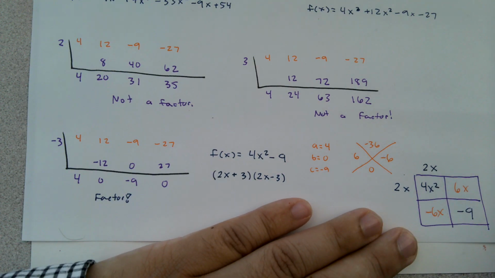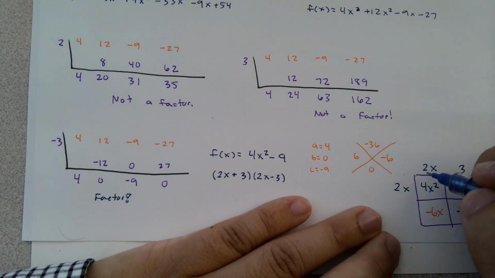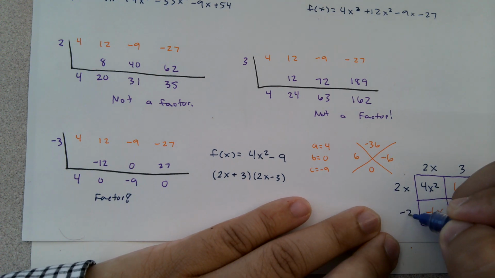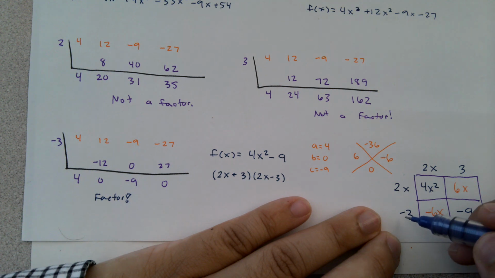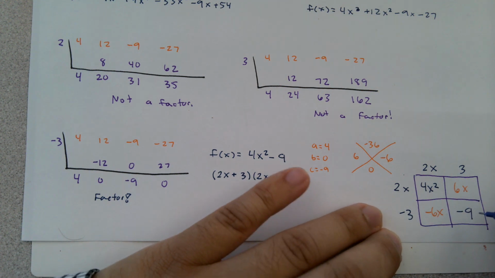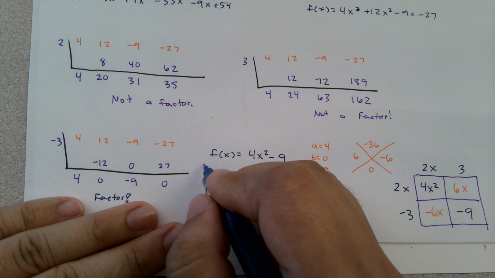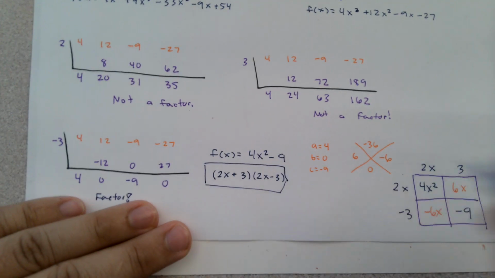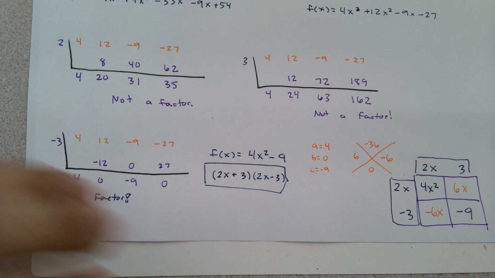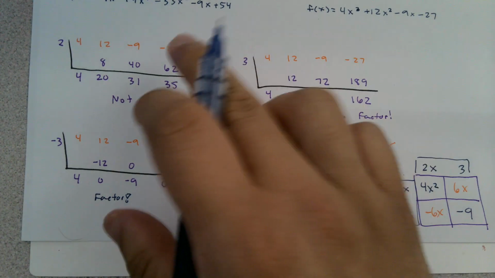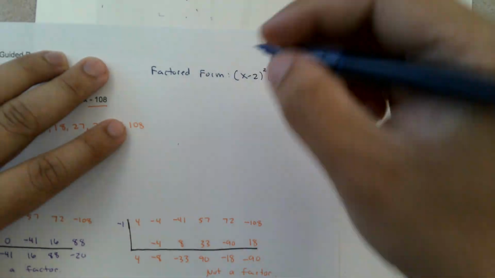Well, that's 2x. 2x times 3 will give me 6x. And 2x times negative 3 will give me negative 6x. Final check, negative 3 times 3 is in fact negative 9. It's the same answers that I found earlier using the difference of squares. So my last two factors are 2x plus 3 times 2x minus 3.